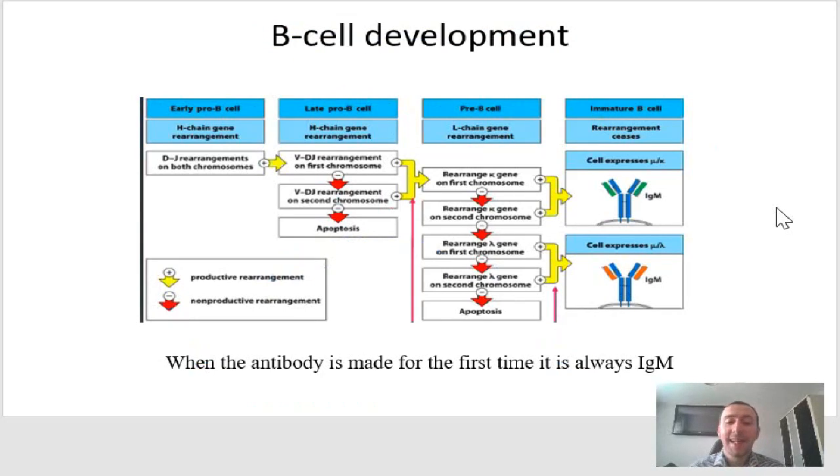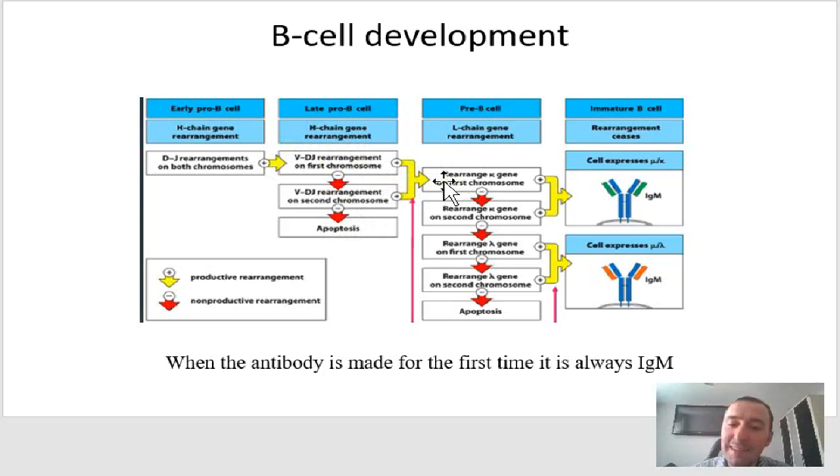Okay, folks, and in terms of then the series of steps involved, these are the steps involved in B cell rearrangement. Okay, first you have heavy chain rearrangement, which we've talked about, and then you undergo light chain rearrangement in a similar fashion.